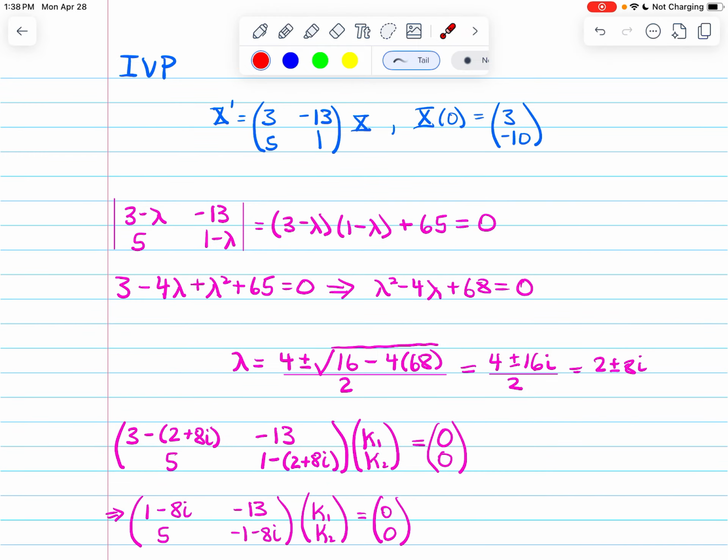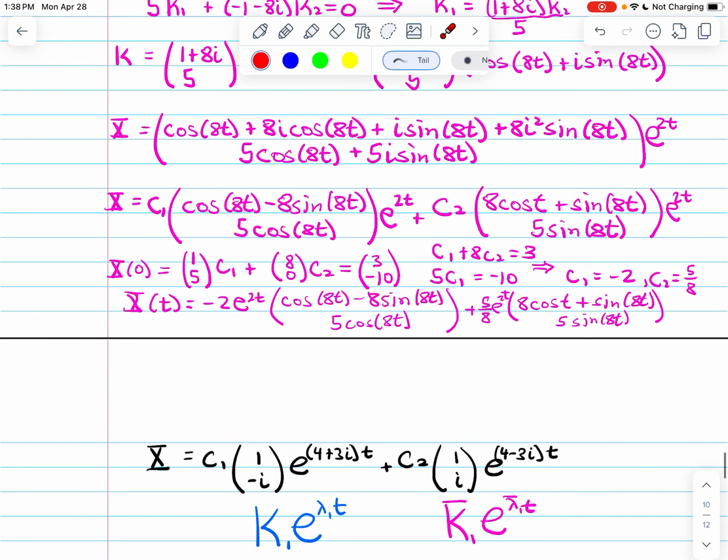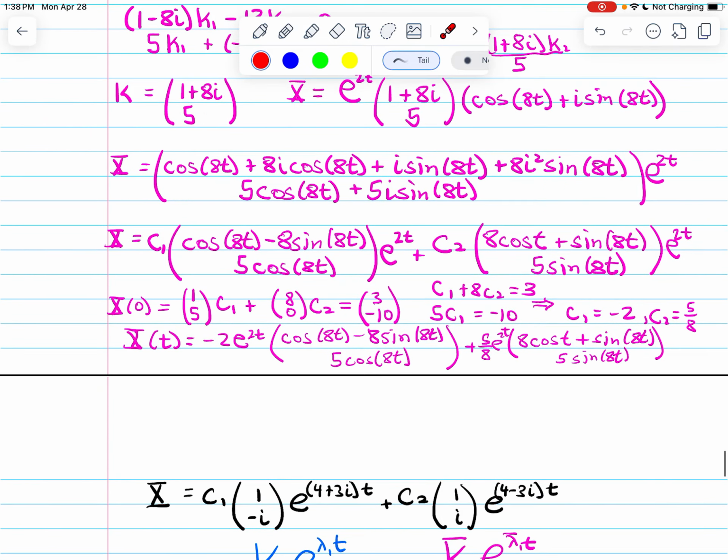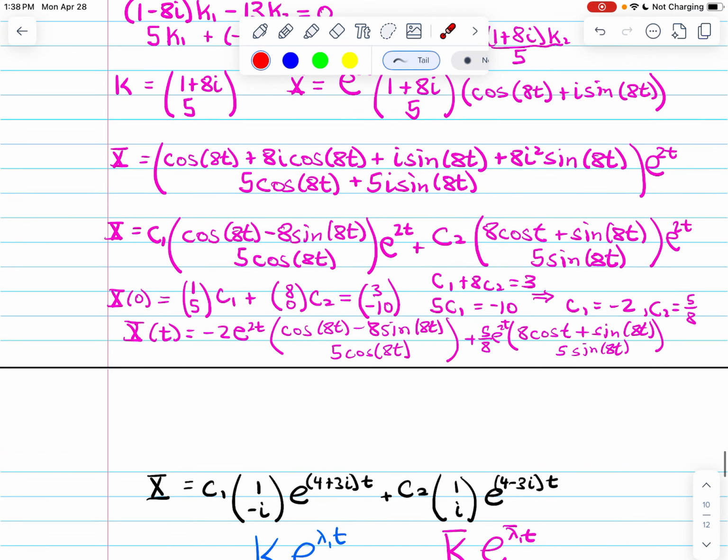It says that x of 0 is 3, negative 10. Okay, so that's what I want to deal with now. So here I go. I'm going to put in the 0 for t, and this first vector over here just becomes 1, 5.